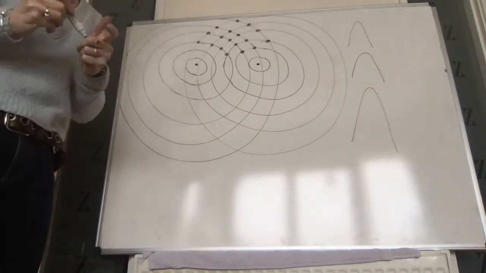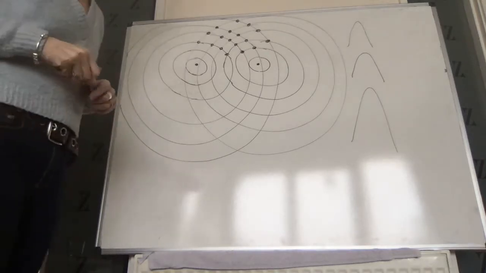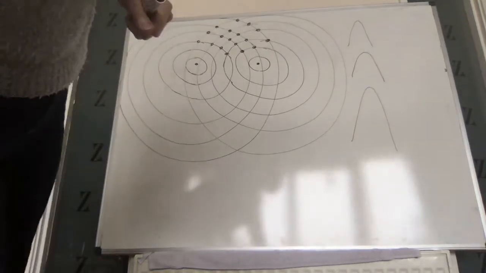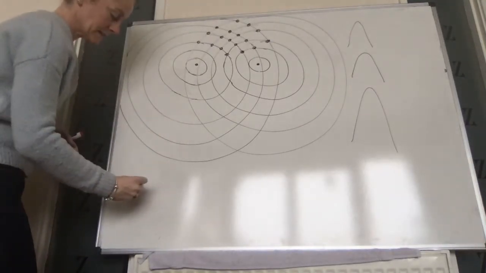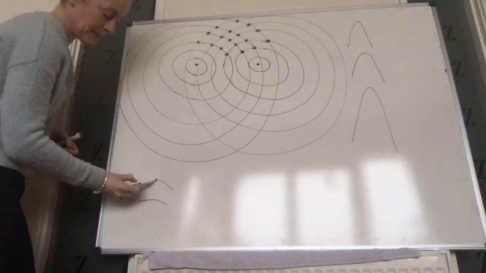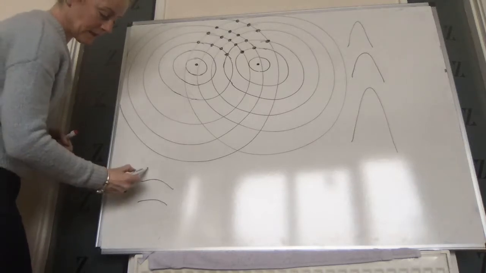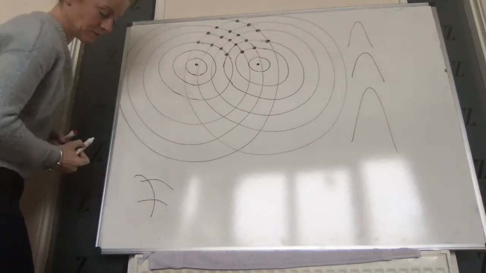Now, what about destructive interference? Destructive interference will be when you get, if you look at, this is a peak and a peak of one wave, and let's just take a peak of another wave.